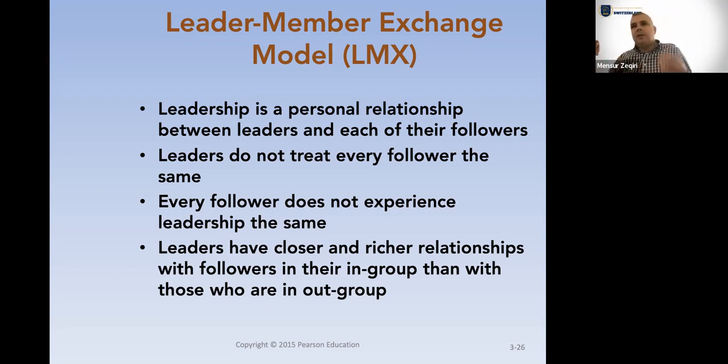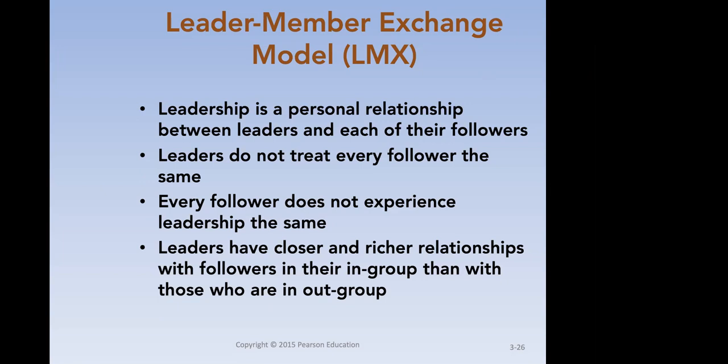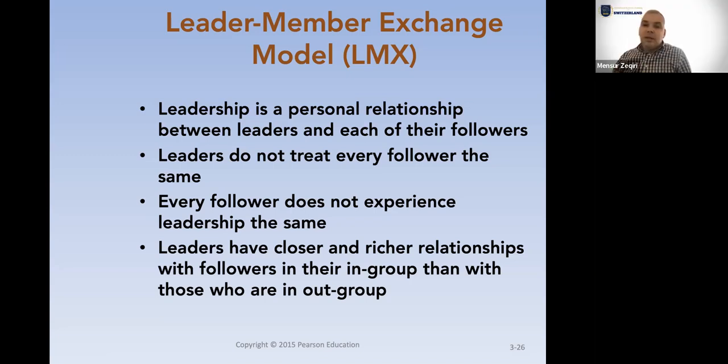So this is something of a personal relationship between us and our leaders. So leadership is a personal relationship between the leaders and each follower. However, you have seen from different situations in different organizations that you might have worked in that leaders do not treat every follower the same, and every follower does not experience leadership the same.